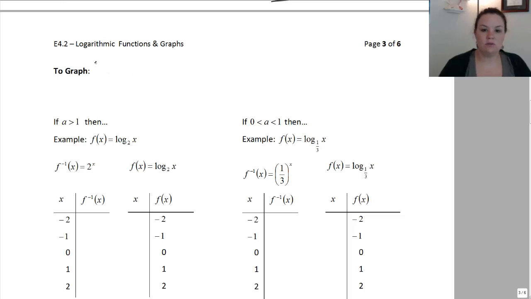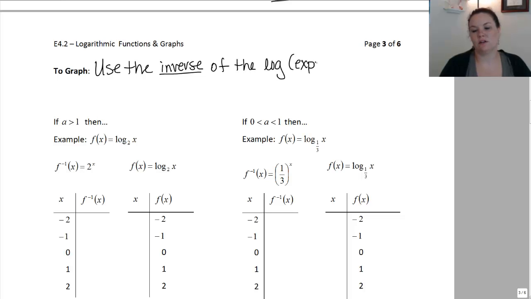So we're going to use the inverse of the log, which remember our inverse is our exponential. Or let's say exponential form of the log.